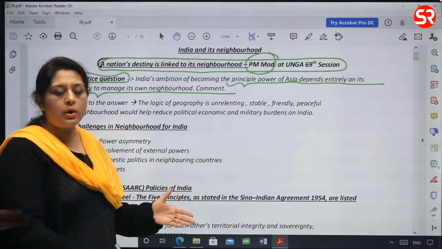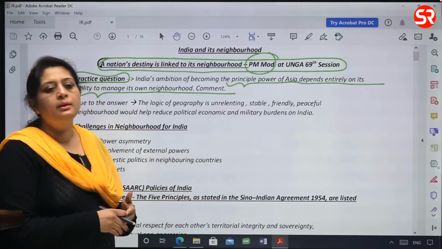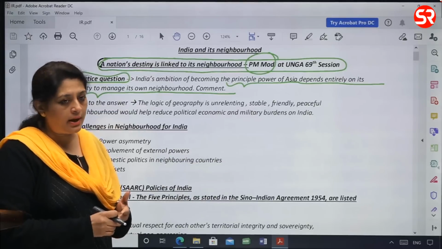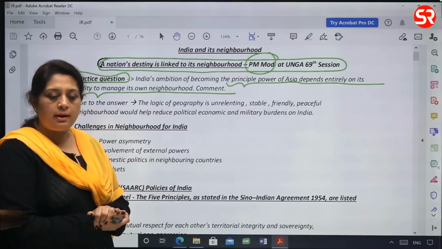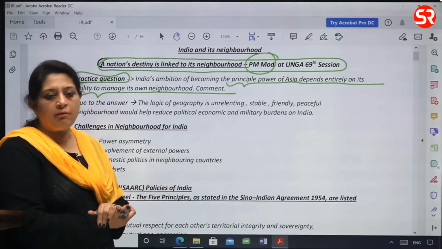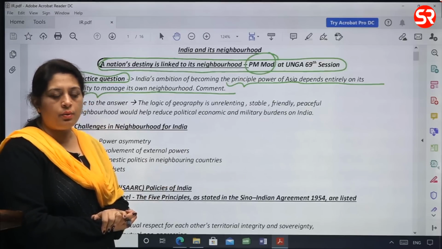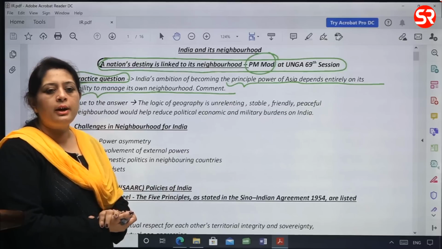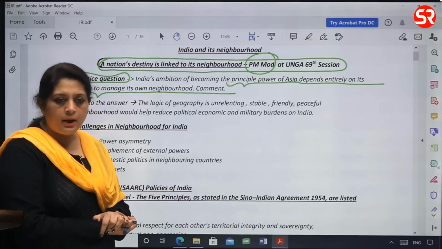India's record is not that bad, but still there is a lot of potential, and all governments have always realized the policy frameworks to deal with the neighbors. These include Panchsheel, the Gujral Doctrine and the Neighbourhood policy.